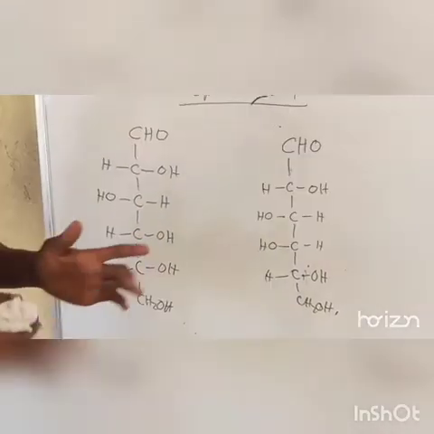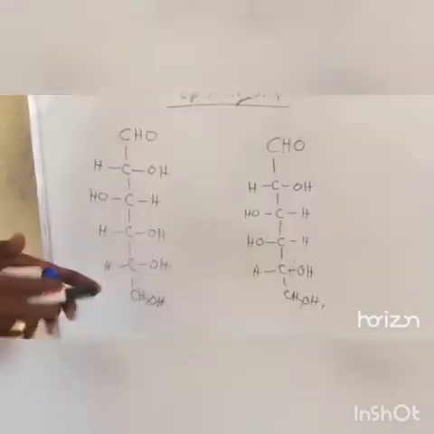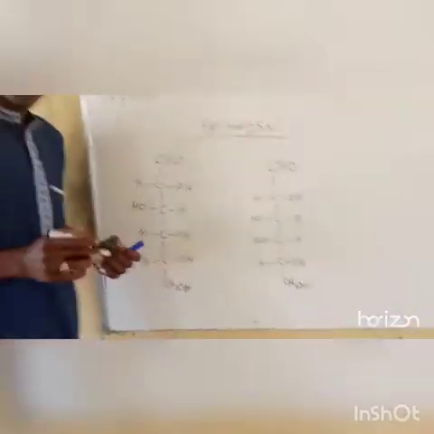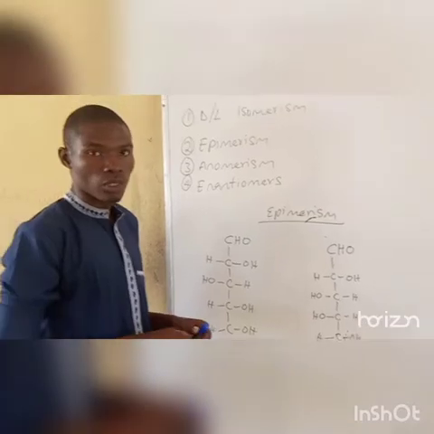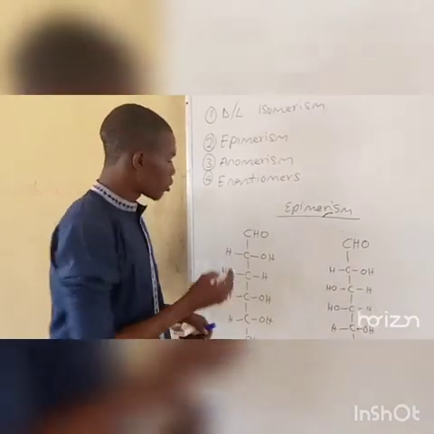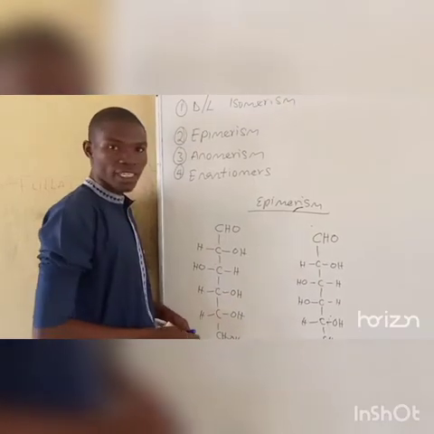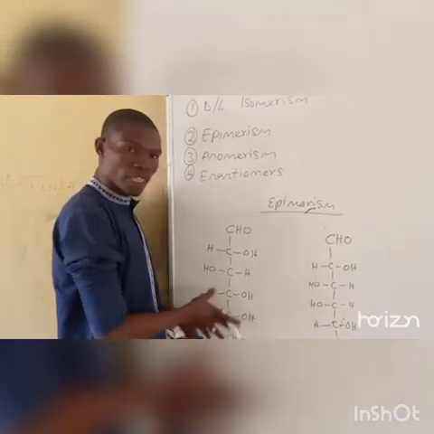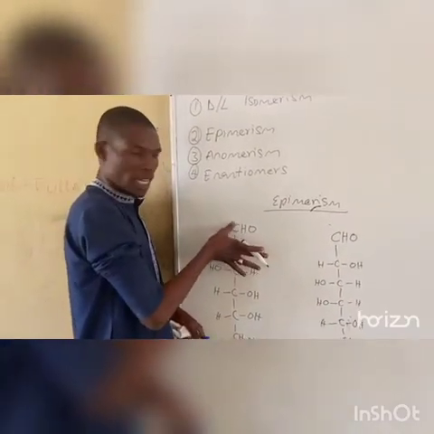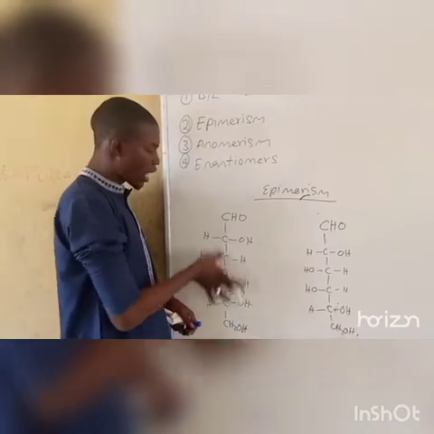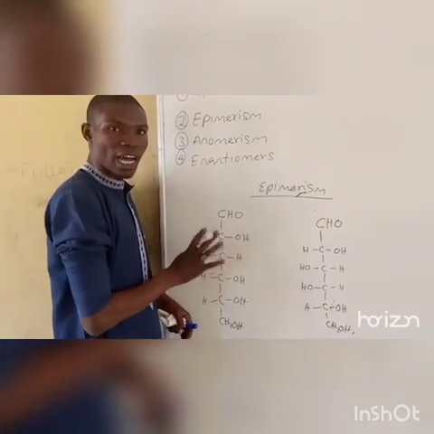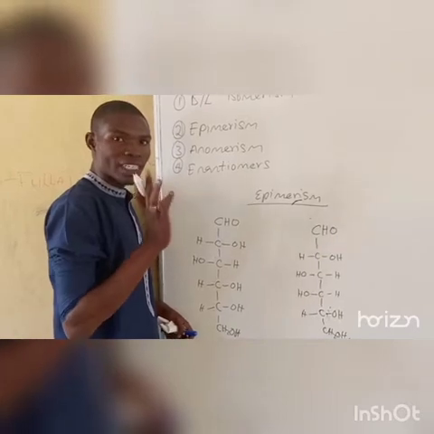Now, compounds in which there is a rotation in a chiral carbon. 1, 2, 3, 4 are chiral carbons. The middle carbons, apart from the first and the last, all other carbons in the monosaccharides are called chiral carbons.